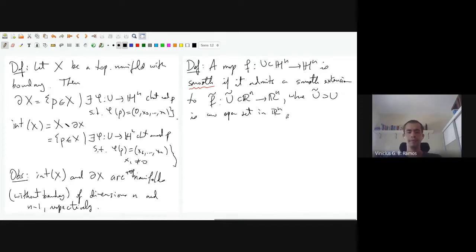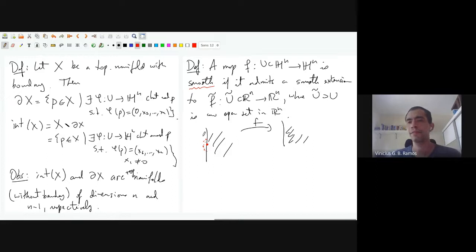U is relatively open in H^n, but not necessarily open in R^n. So if I have a map from H^n to H^n, it's smooth if I can extend it a little bit past the points on the boundary of H^n. If it comes with infinite derivative, then it can't be smooth. Any questions about this?